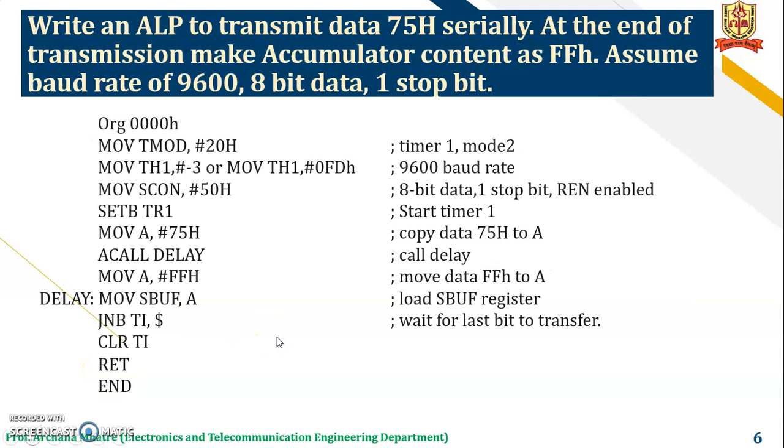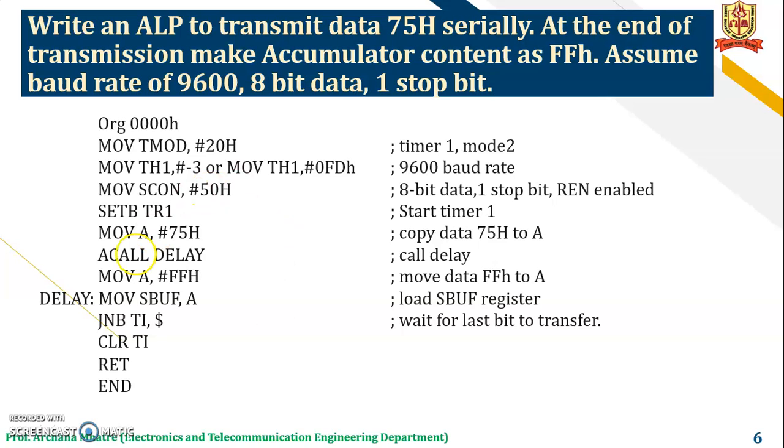Now next, it is an assembly language program to transmit the data 75H serially and, at the end of the transmission, make the accumulator content FFH. Assume the baud rate of 9600, 8-bit data and 1 stop bit.